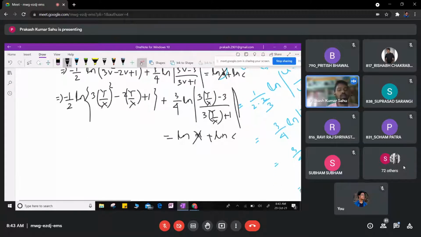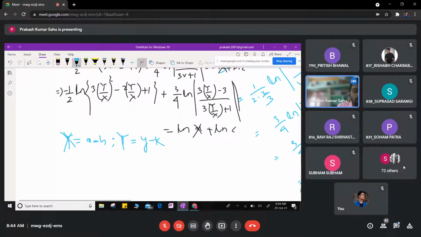Again you substitute, what is your capital Y, your capital Y is equal to what, your capital X is equal to small x minus h, and capital Y is equal to small y minus k. Yes or no? So now again you substitute. तो क्या होगा?